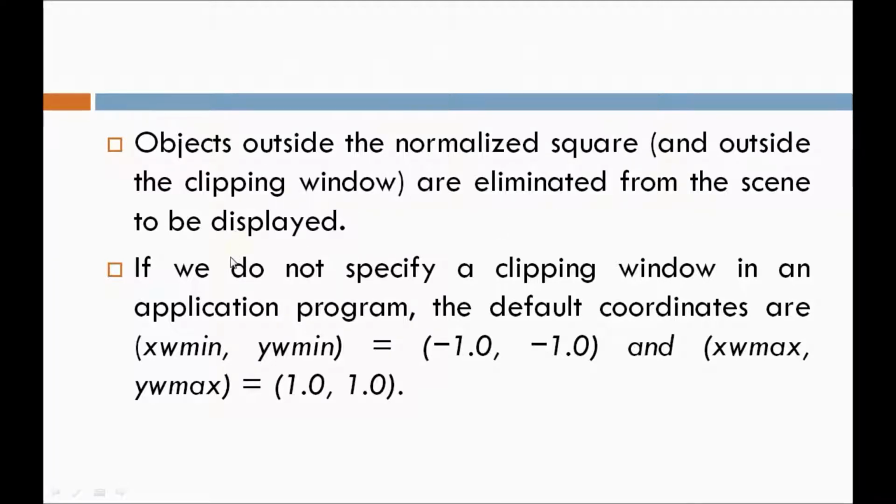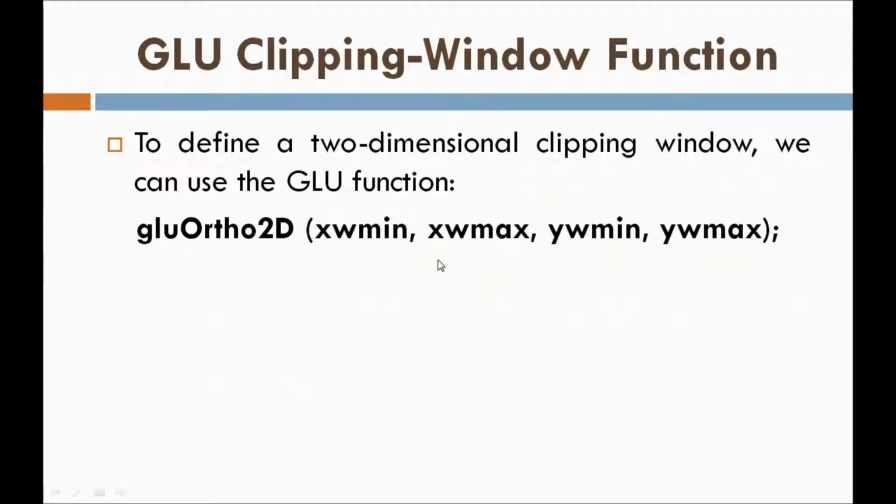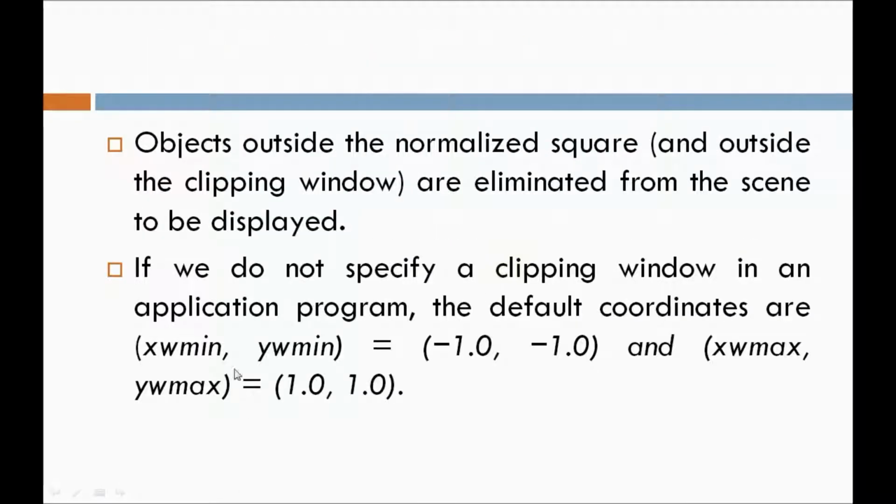And one more important thing here: if you do not specify a clipping window size, by default what is the size of these 4 coordinates? xwmin, ywmin will be minus 1.0, minus 1.0, and xwmax and ywmax will be 1.0 and 1.0. This is the default size of a clipping window.